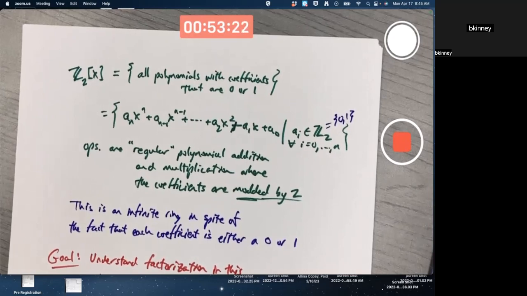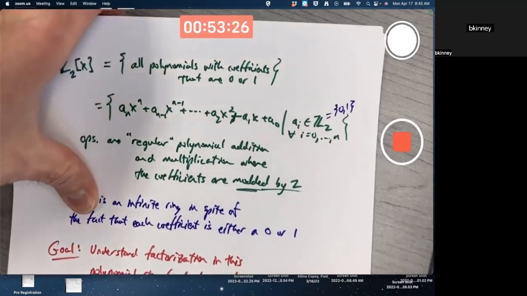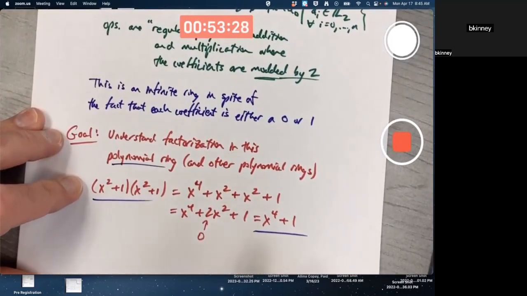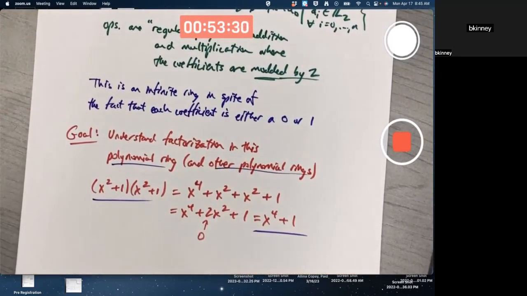Especially in chapter 17, that's going to be a big highlight for us: learning how to do factorization in this polynomial ring and other similar polynomial rings is going to tell us good information about factoring in situations that you're used to. When you teach factoring to kids, it's a pretty hard skill, factoring polynomials. A pretty hard skill for people. And you're going to learn more about it. That'll be our main application of the subject.